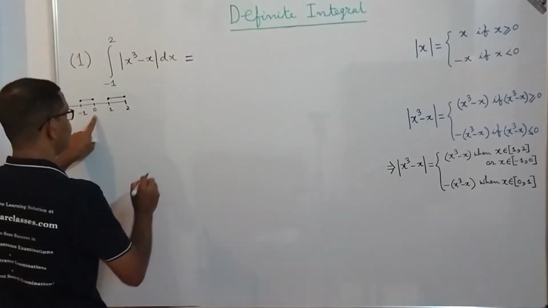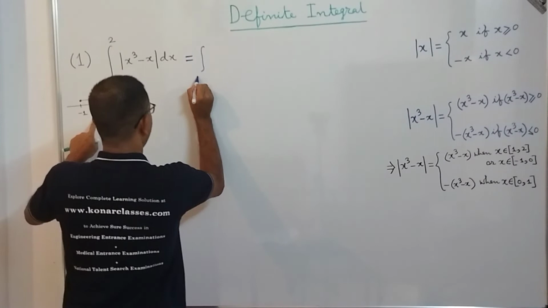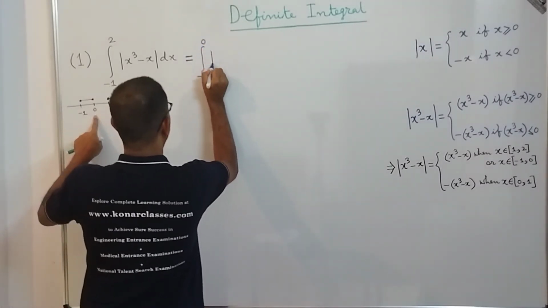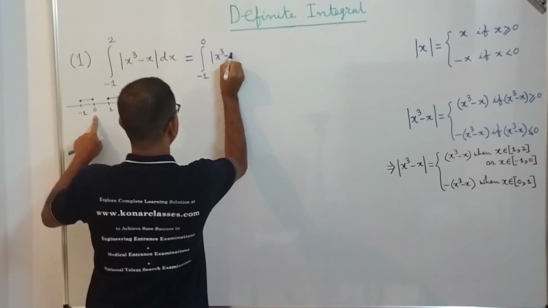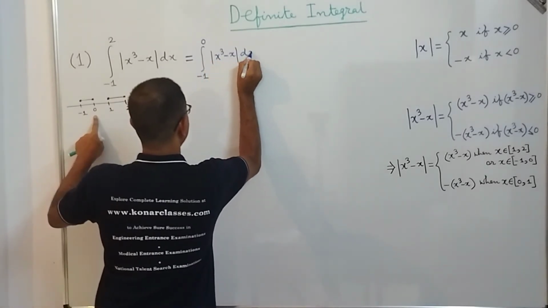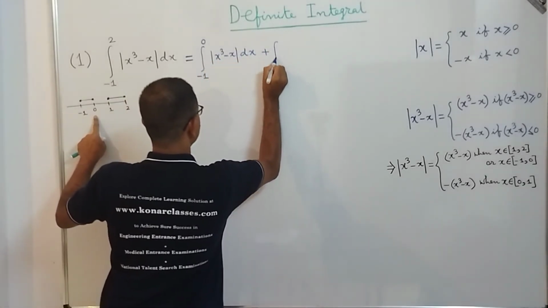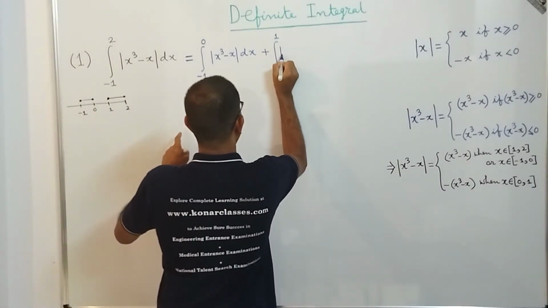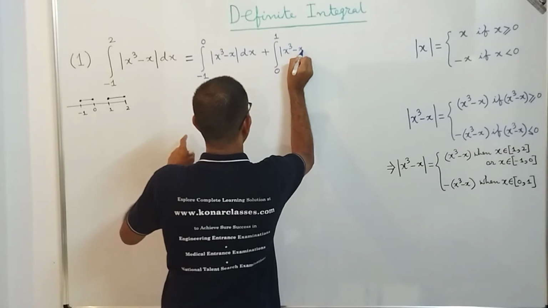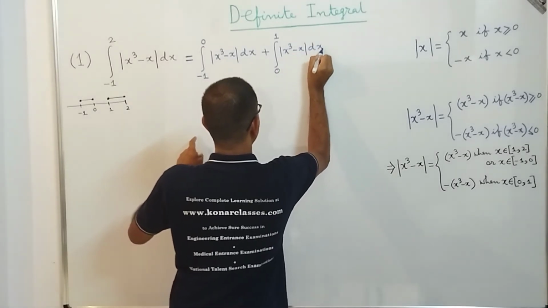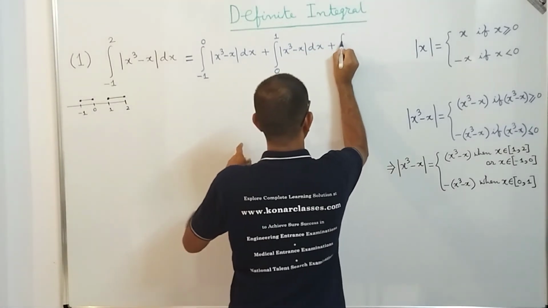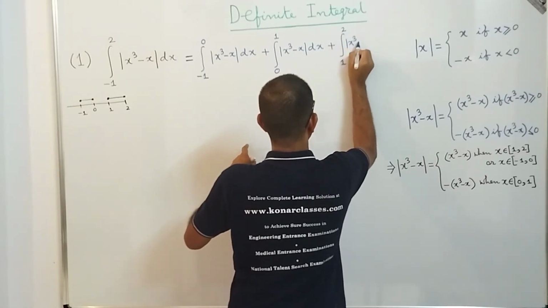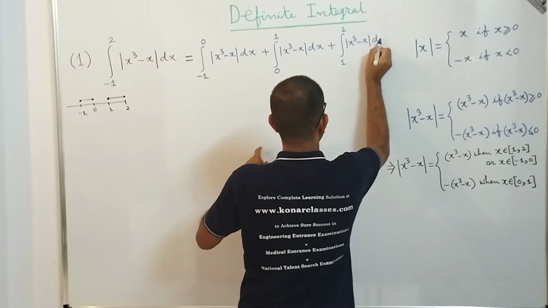One is minus 1 to 0, integral of mod of x cube minus x dx, plus integration 0 to 1 of mod of x cube minus x dx, plus integration 1 to 2 of mod of x cube minus x dx.